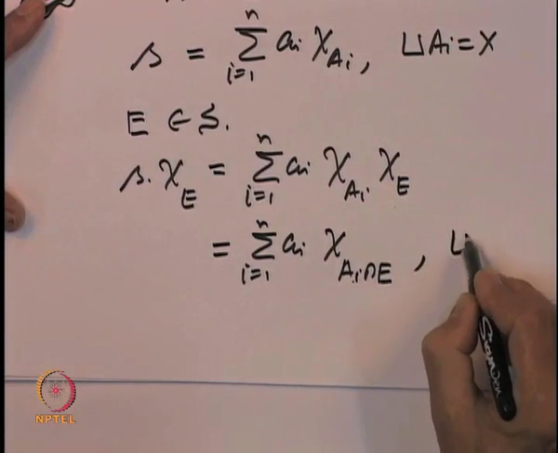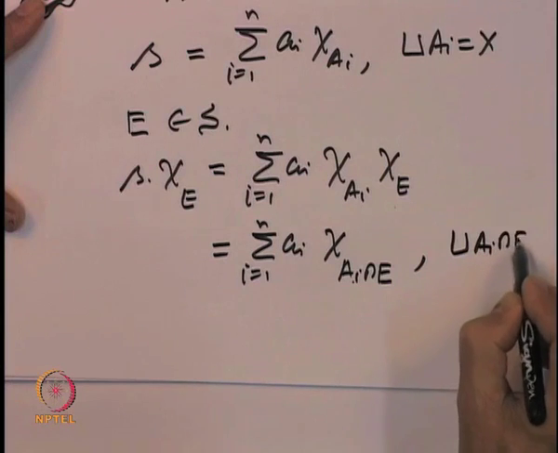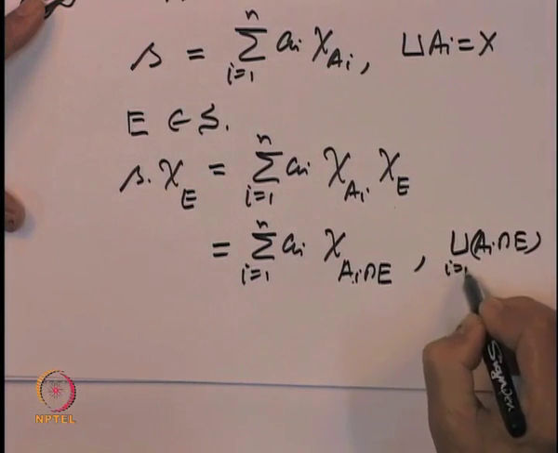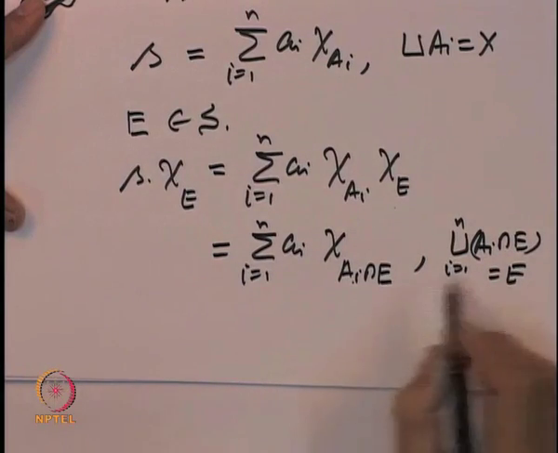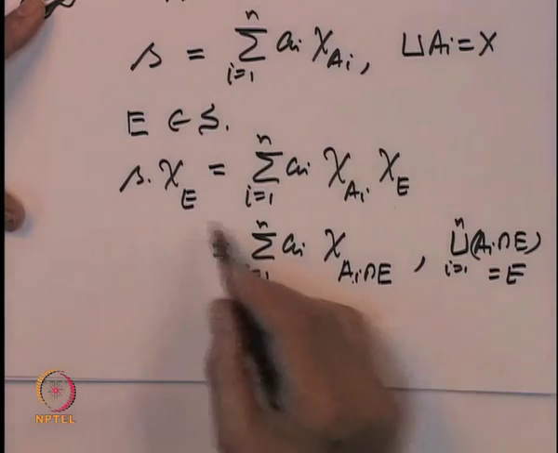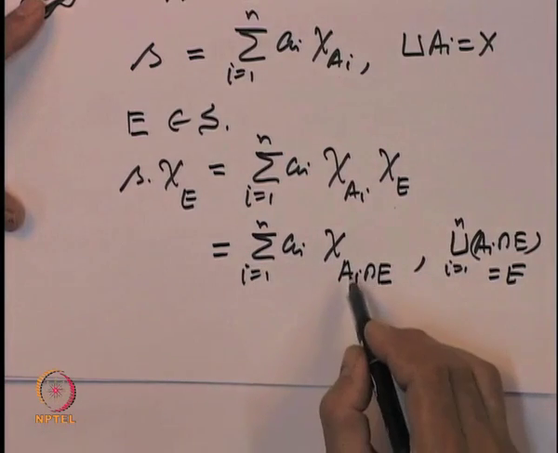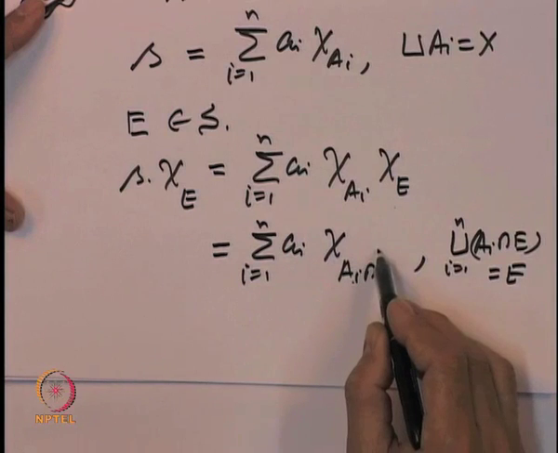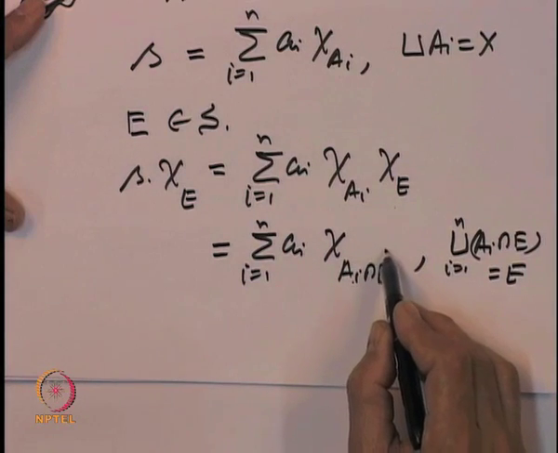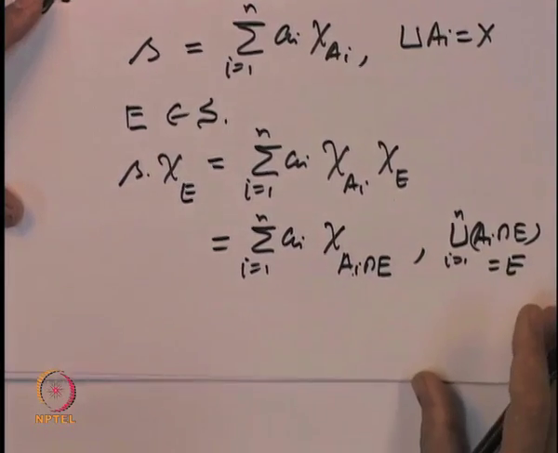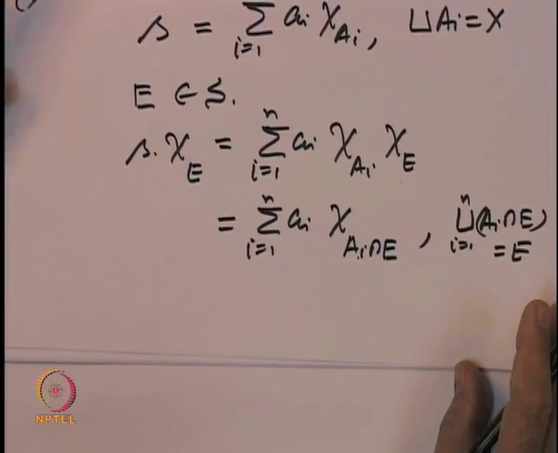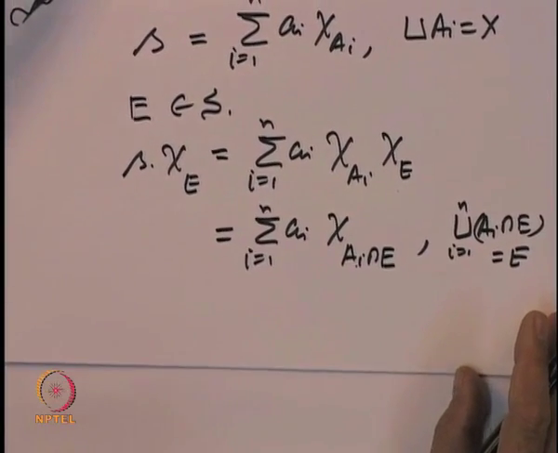Now the union of A I's intersection E, what will that be? That is a disjoint union giving you the set E, and on E complement this function is 0. If you like, you can add one more term here, 0 times the indicator function of E complement, but normally we do not mention that term.